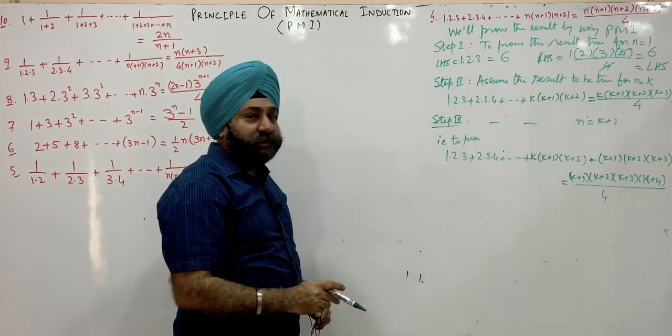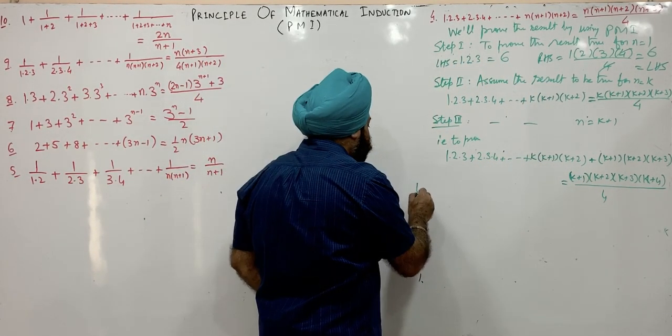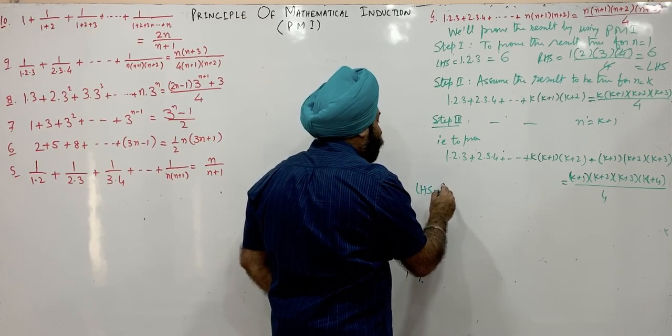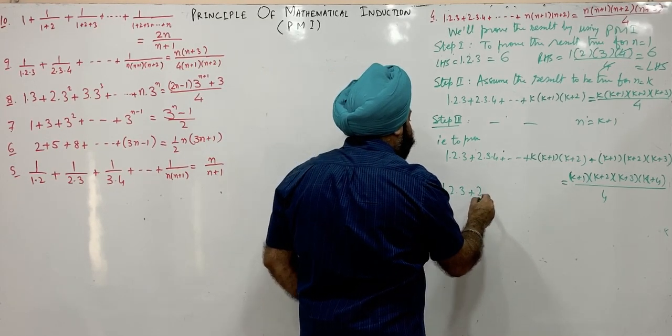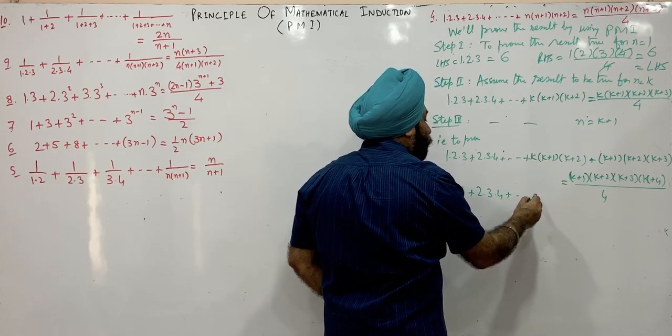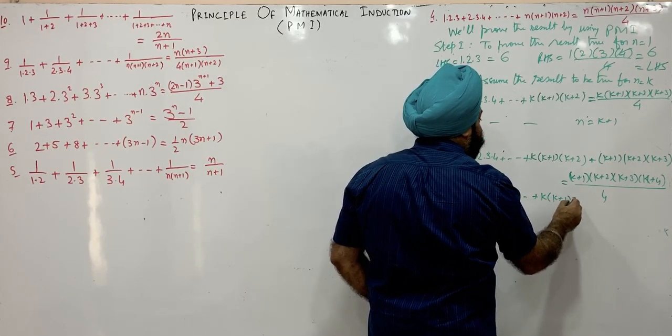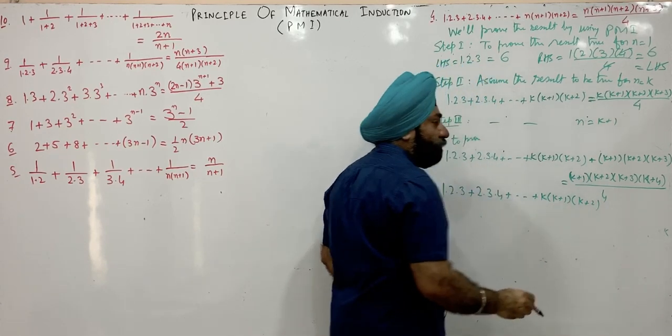We have to prove left hand side is equal to right hand side. So starting left hand side, it's 1 into 2 into 3 plus 2 into 3 into 4 and k into k plus 1 into k plus 2.